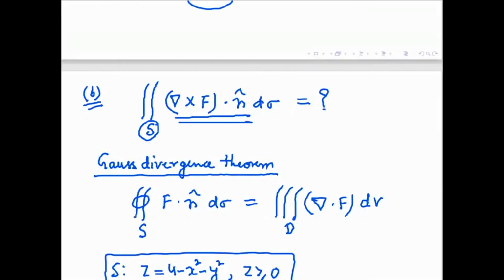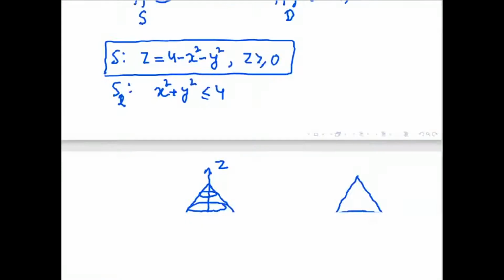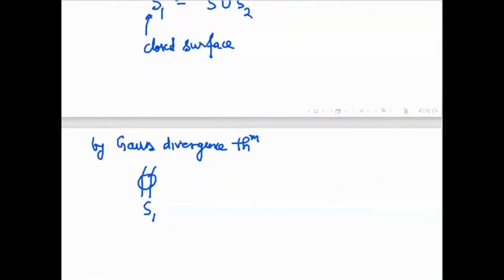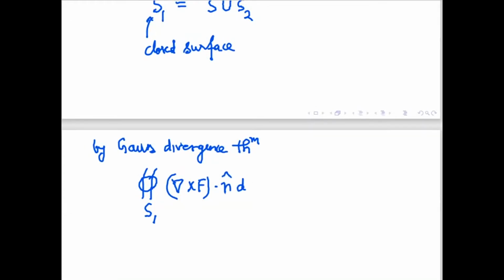So I will apply Gauss divergence theorem not for this function f. Instead of f we'll put del cross f, that means the curl of f. So over this closed surface, del cross f dot n cap d sigma is same as, because it is closed, the triple integral over the volume.